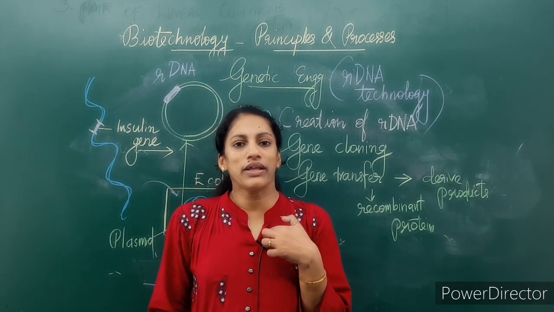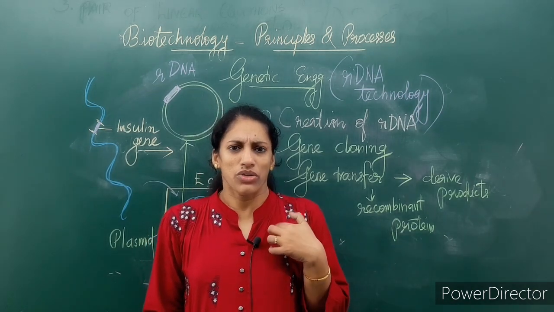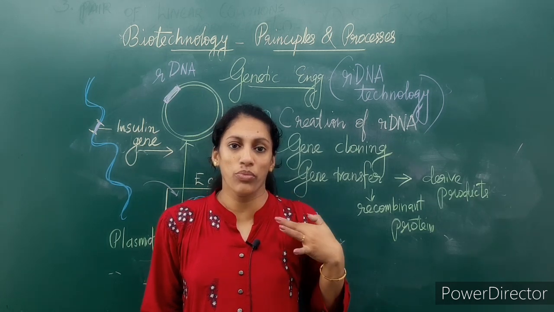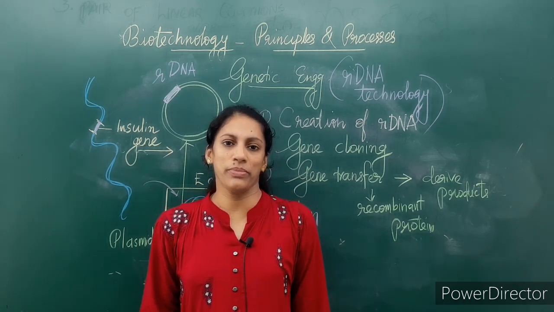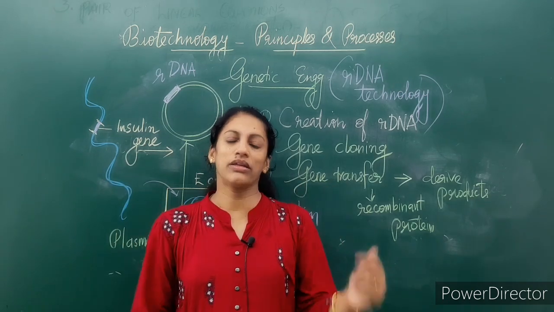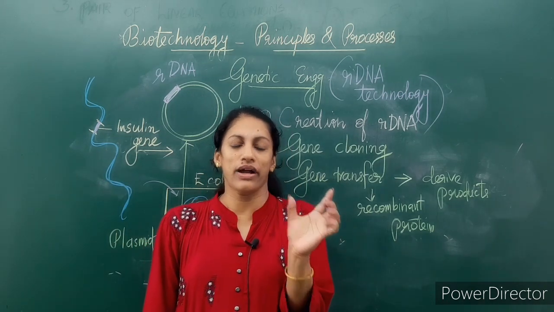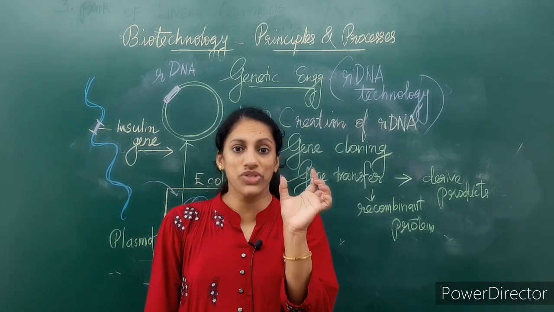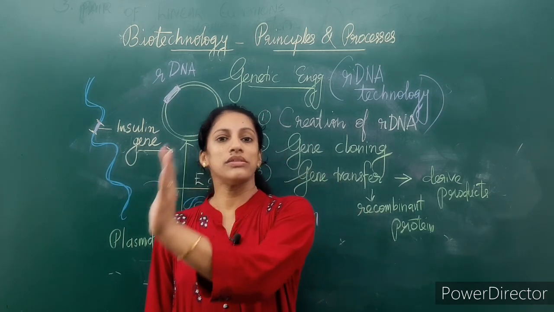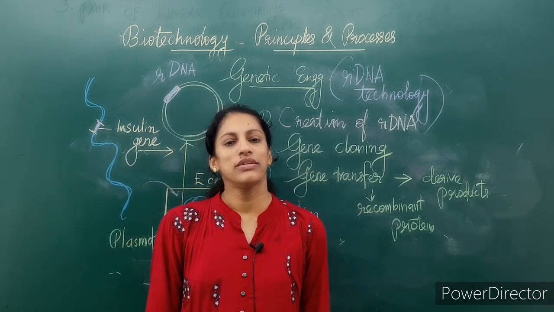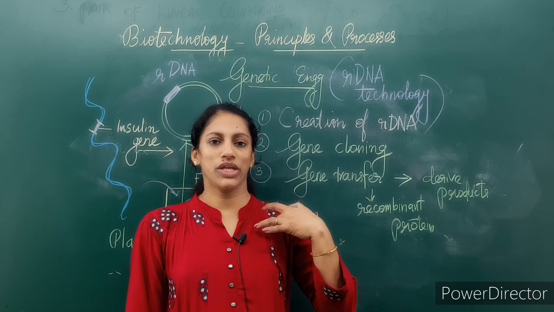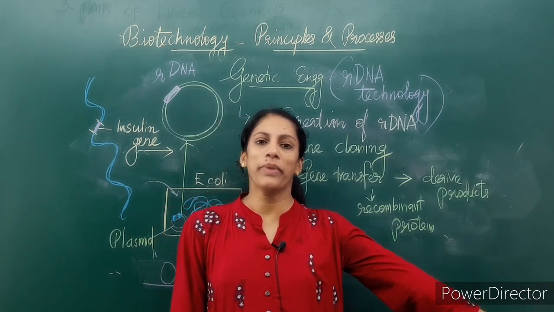When we transfer a human insulin gene, there is no need to isolate it from our body. It is artificially made by combining its nucleotides. That DNA is made artificially. The insulin gene is made and it is grown in bacterium.